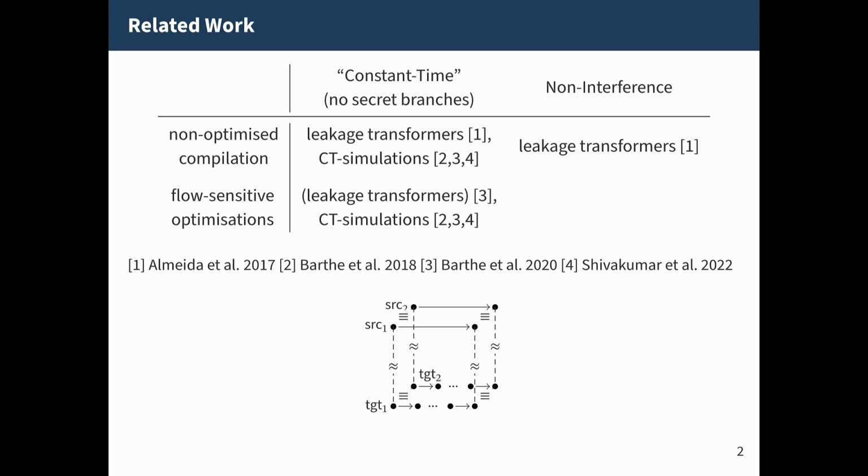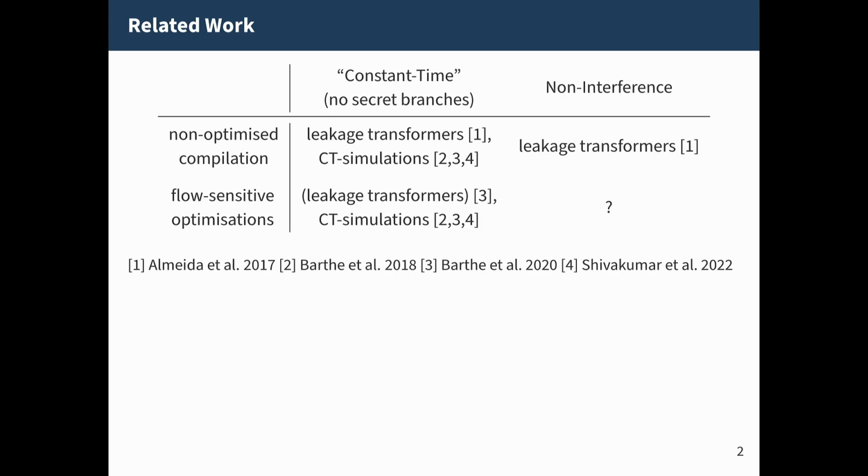This works even for many flow-sensitive optimizations, so this is largely solved. But what about this case: what if we don't have this strong assumption that there is absolutely no secret branch? This is what we are focusing on.